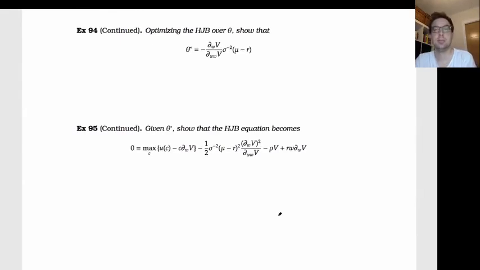Show that optimizing the HJB equation over theta, we arrive at theta star equal to this: the ratio between the two partial derivatives times sigma to the minus 2 times mu minus r. So that gives us the proportion of wealth that I should have in my stocks.